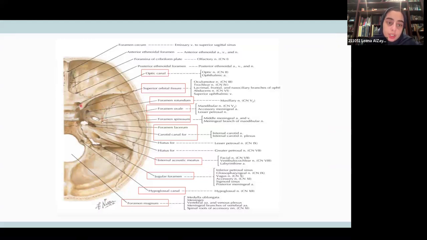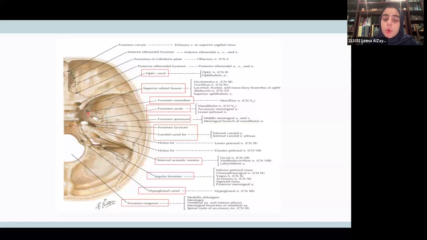Over here we have the optic canal, which gives out the optic nerve and ophthalmic artery. Then over here we have the superior orbital fissure, which is the long one, and it carries three nerves: oculomotor, trochlear, and abducens. We're all for the eye. And superior ophthalmic division of trigeminal.